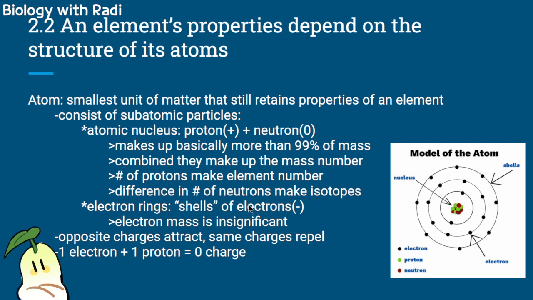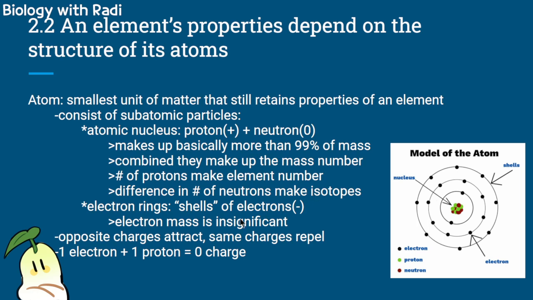For each element, there's a specific number of subatomic particles that it should have in its ground state, and if it has an unusual number of neutrons compared to that, then you would call it an isotope.